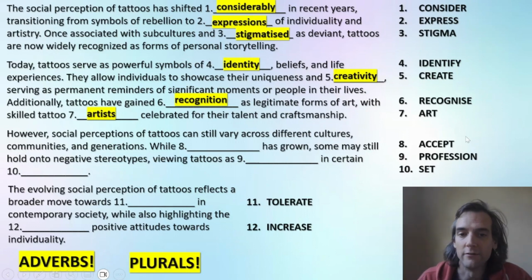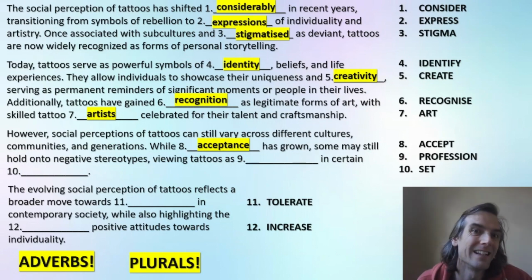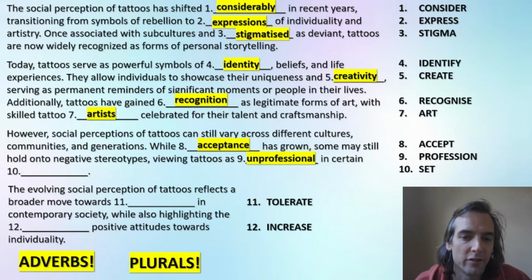Number 8, this is another irregular one. Well, I say irregular. It's not irregular, is it? It is a pattern, but acceptance. Acceptance is the noun. Acceptance has grown, but there are negative stereotypes. This was very important. You see profession, and you think professional, but we are talking about negative stereotypes of tattoos, so from context, it is negative. They are unprofessional.